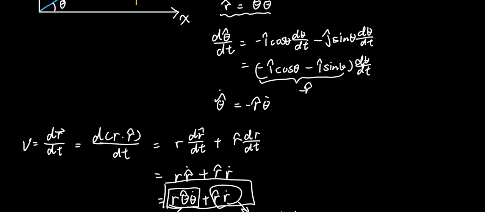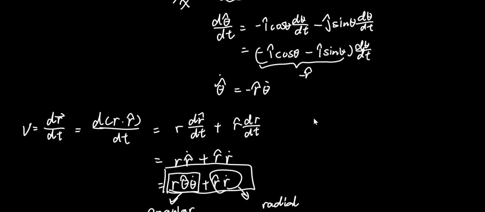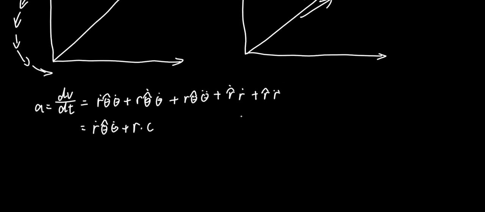The derivative of theta hat is minus r hat theta dot. So minus r hat theta dot times theta dot plus r theta hat theta double dot plus theta dot theta hat times r dot plus r hat r double dot.